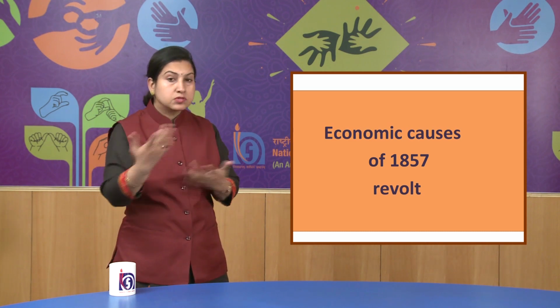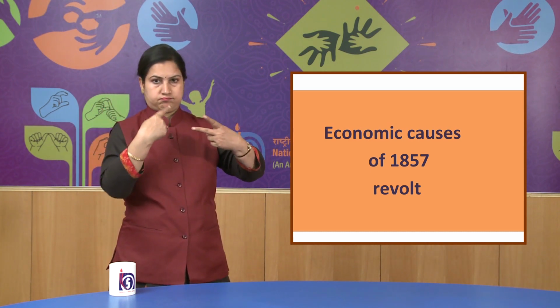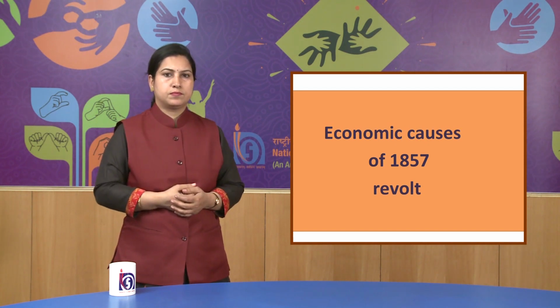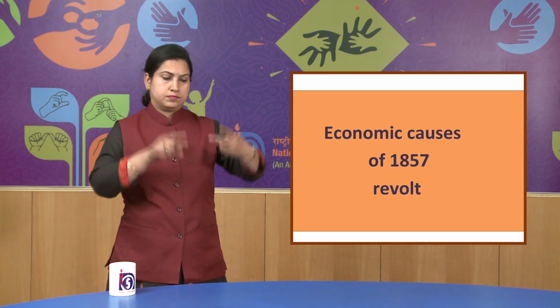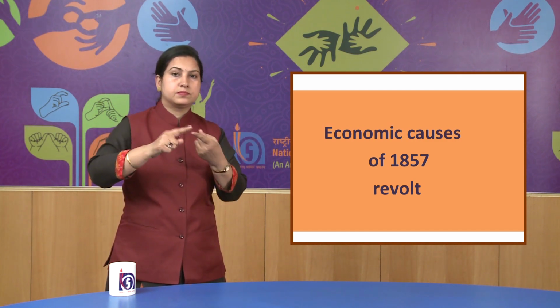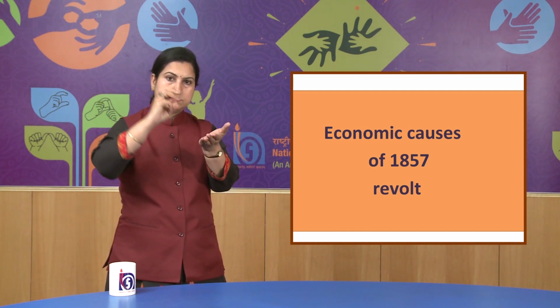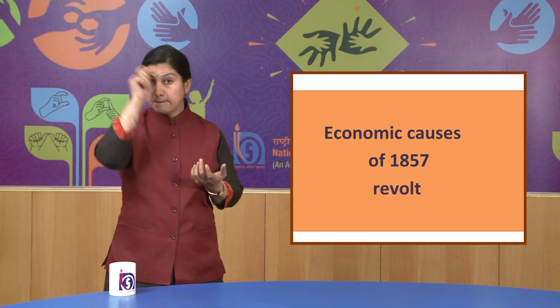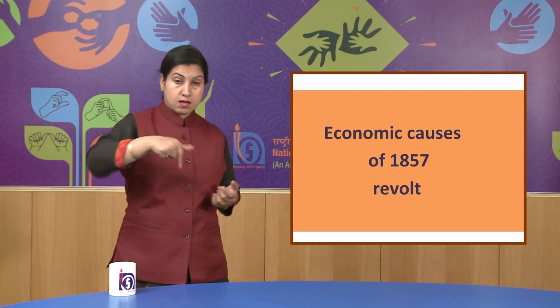Now we will discuss the second cause of the 1857 revolt, and its name is economic causes. Learners, as you all know, that the British had come to India as traders.